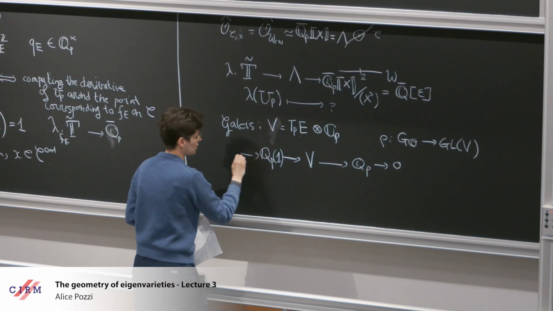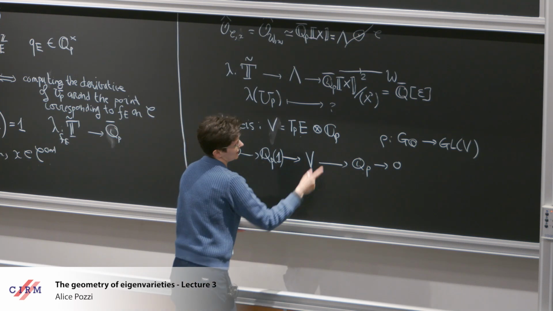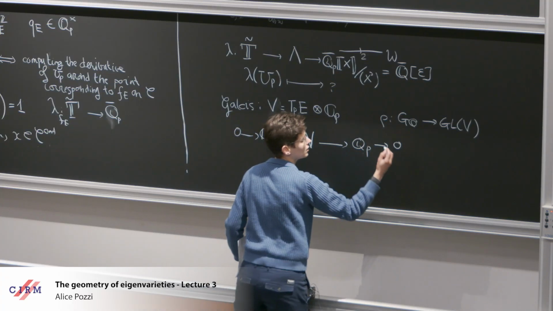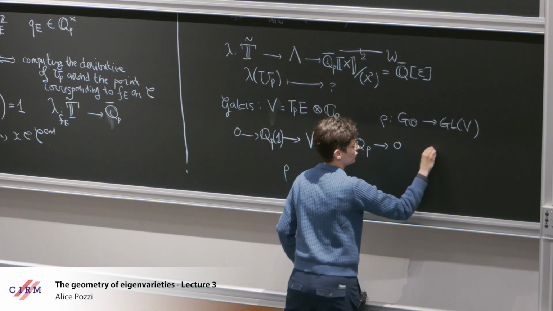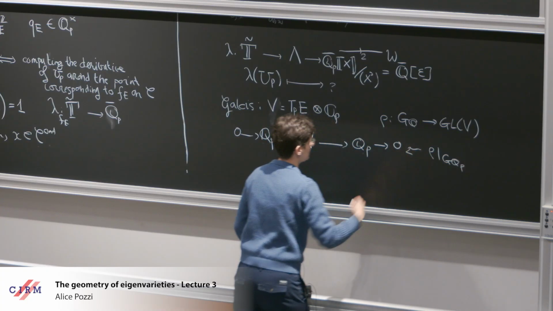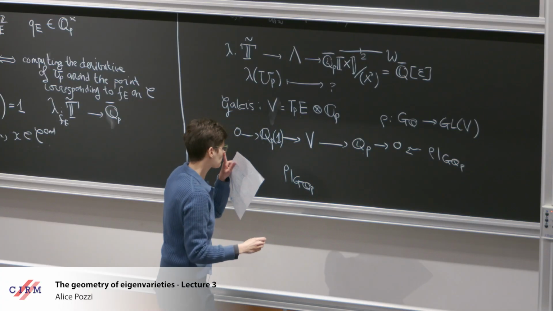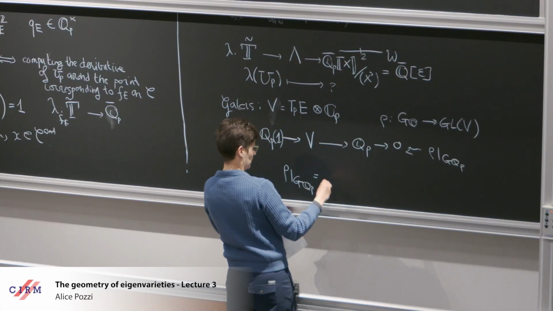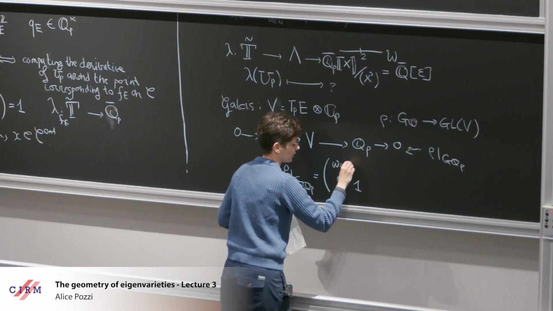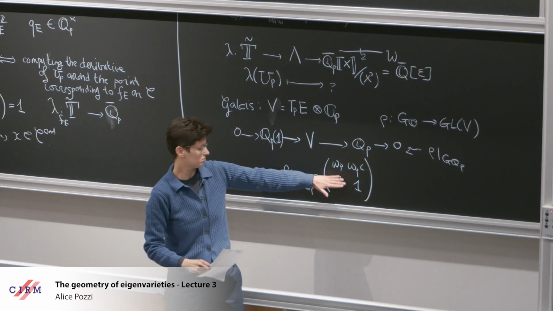So it's an extension of the trivial representation by the cyclotomic character, which means that locally, when rho is restricted to GQP, once I choose my basis, this will look something like this. Yeah?